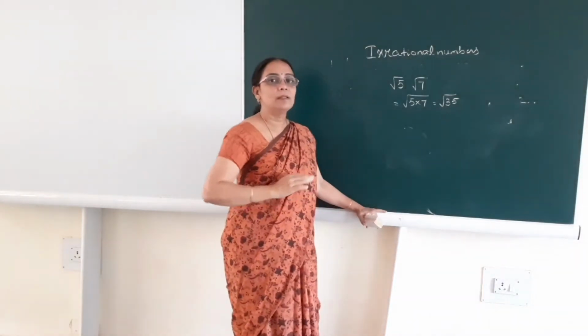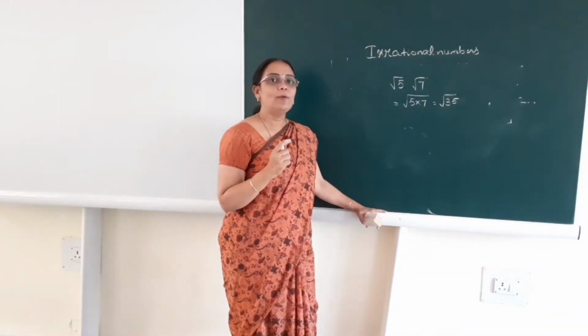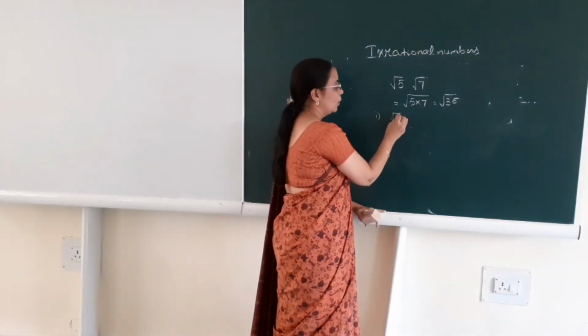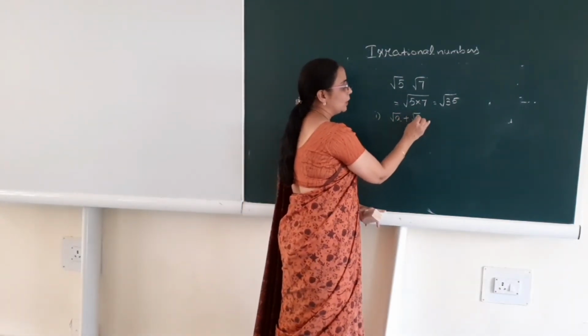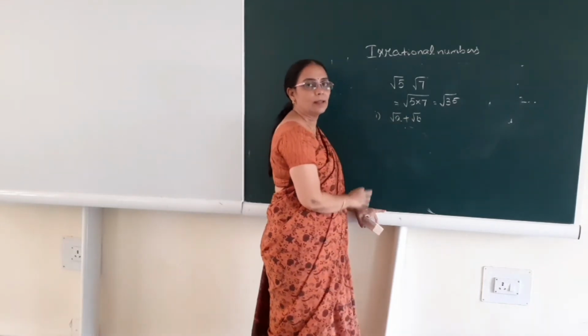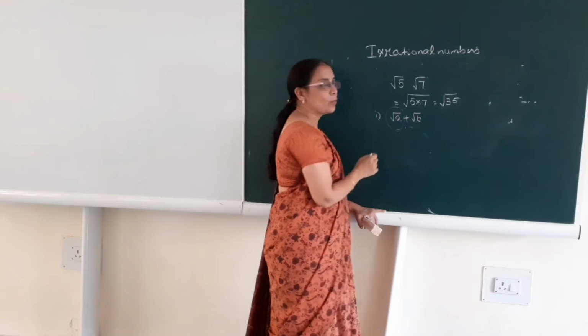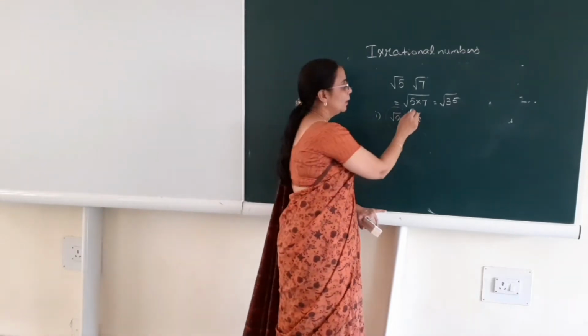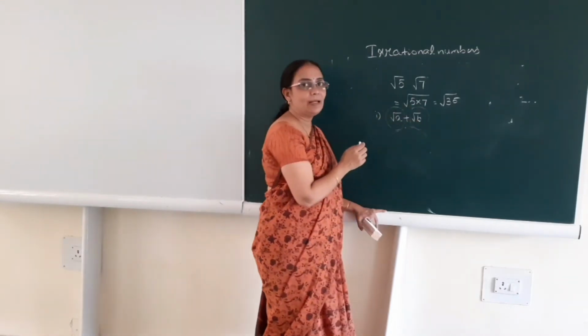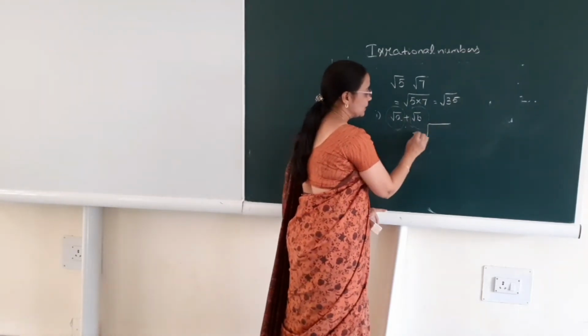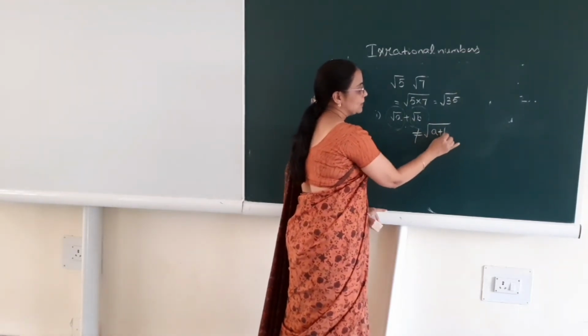For example, now here we will discuss one important property of an irrational number. Root a plus root b. You have to calculate the square root of a completely, square root of b separately and then add. You cannot write this as root a plus b.